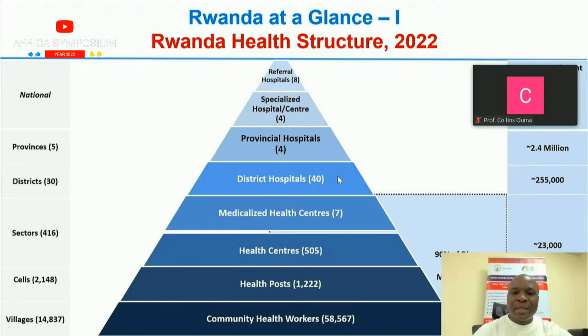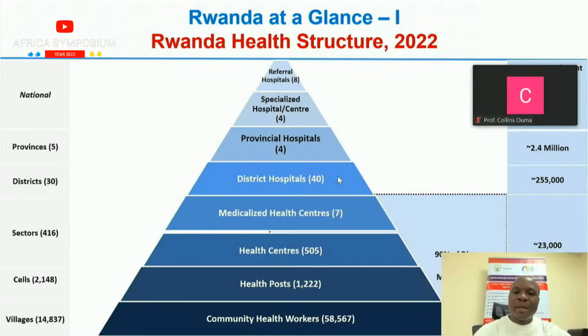The health centers correspond to the sectors, and those are run by nurses. They have other technical staff, including lab technicians, and most malaria cases are managed from the health centers to community level. Recently, the government started putting in place another layer of health posts.